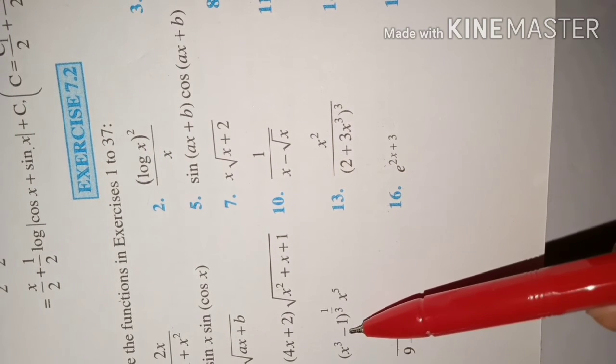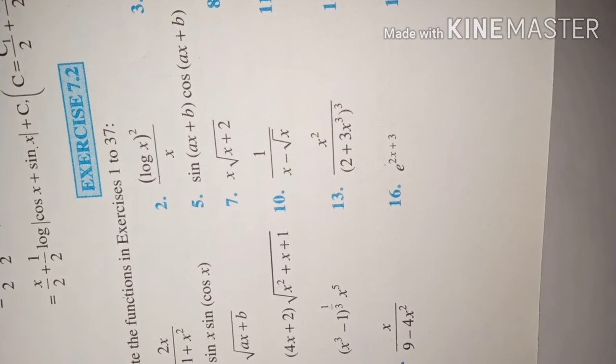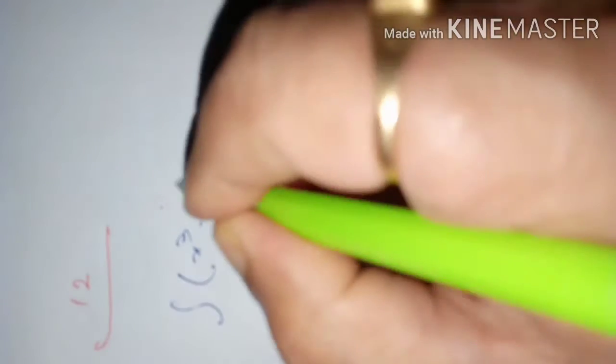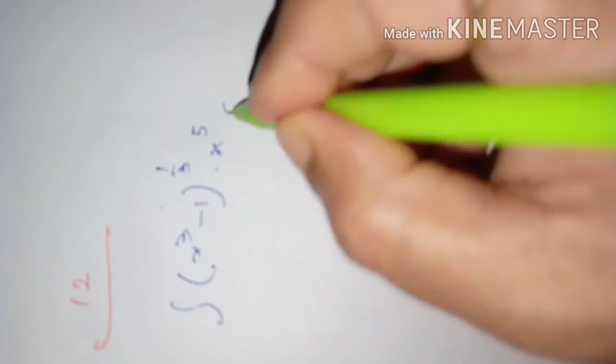Say x cube minus 1, suppose I consider it as t. So here we are going to find the integration of (x cube minus 1) whole to the power of 1 by 3 into x to the power of 5.